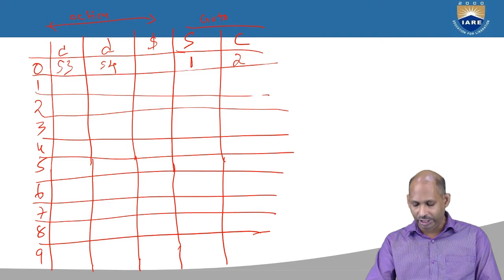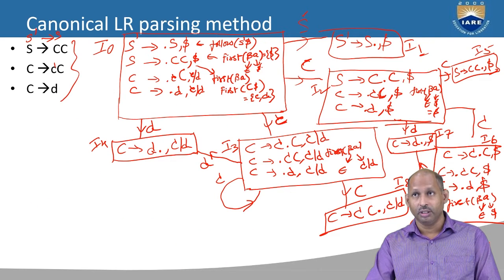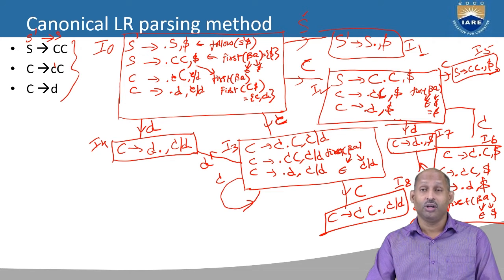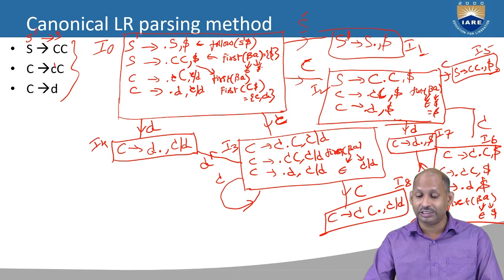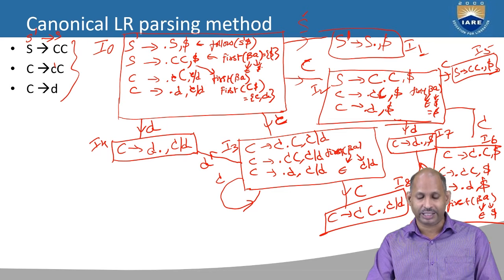Then what is state 1? State 1 has the dot at the end. Then what is the production? The production is the special production, S dash goes to S dot followed by dollar sign.